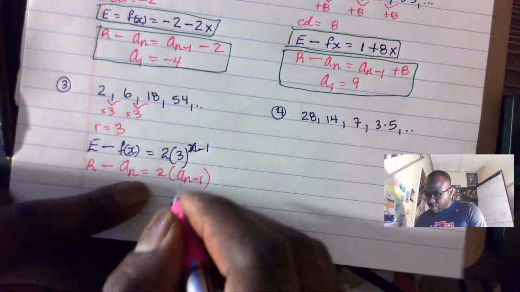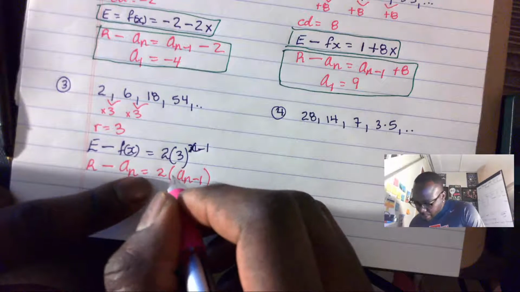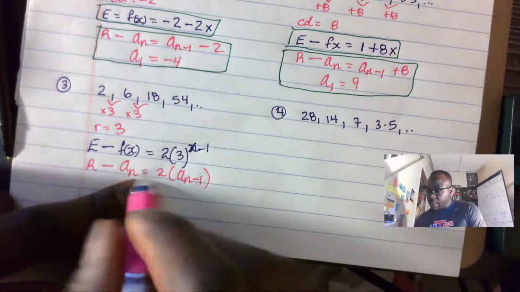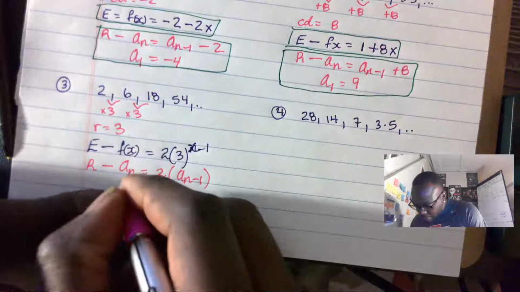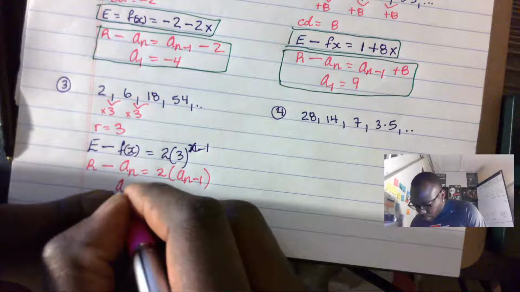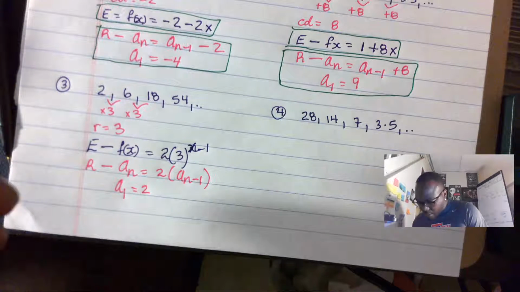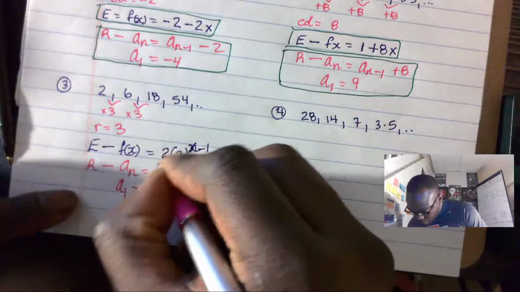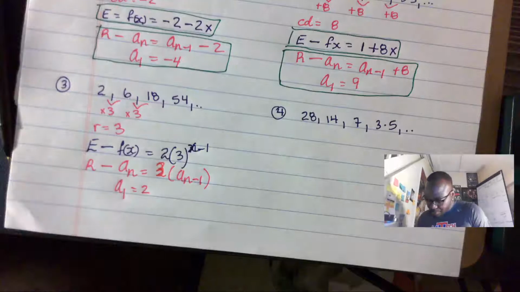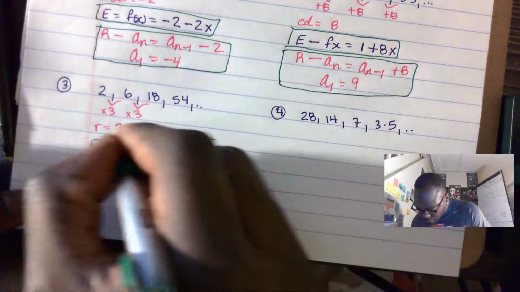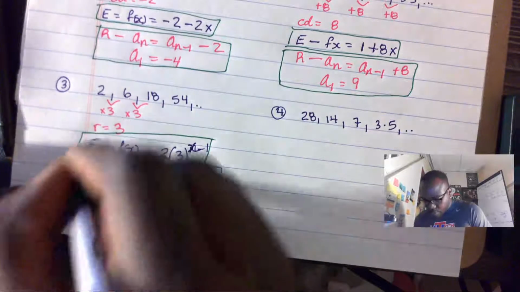Well, sorry guys, my common ratio here. Remember, this one is recursive, so I've got to say a of 1 is equal to 2. But this right here is supposed to be 3, not 2. So this is 3, not 2. So there's the formula here for explicit, and this is for recursive.